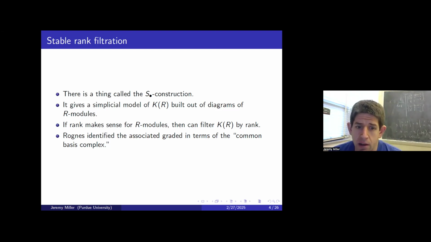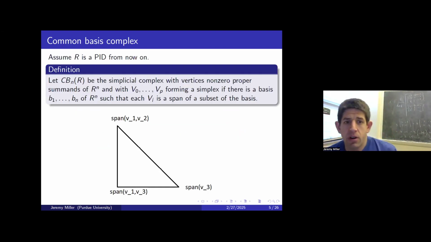In the 90s, John Rognes identified the associated graded in terms of a simplicial complex called the common basis complex. From now on, I'll assume the ring is a PID. A lot of the statements will work in more generality, but it'll be easier.